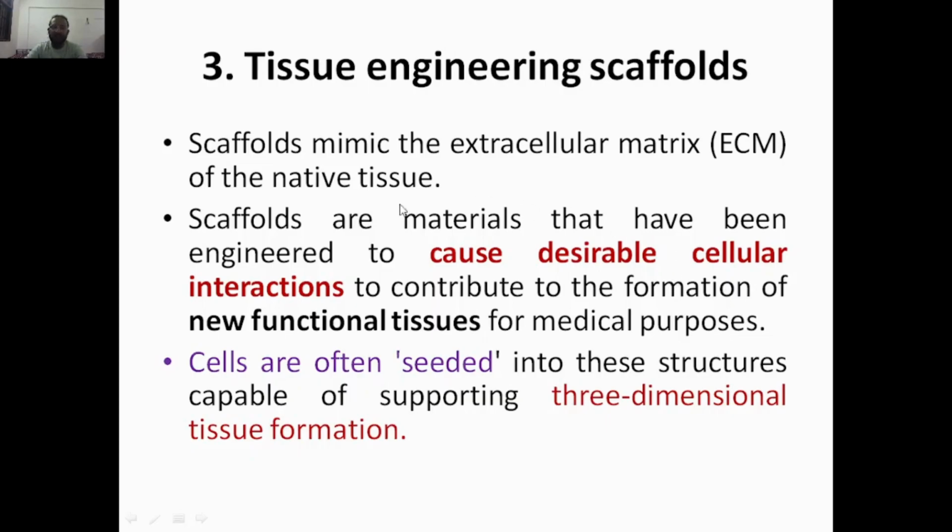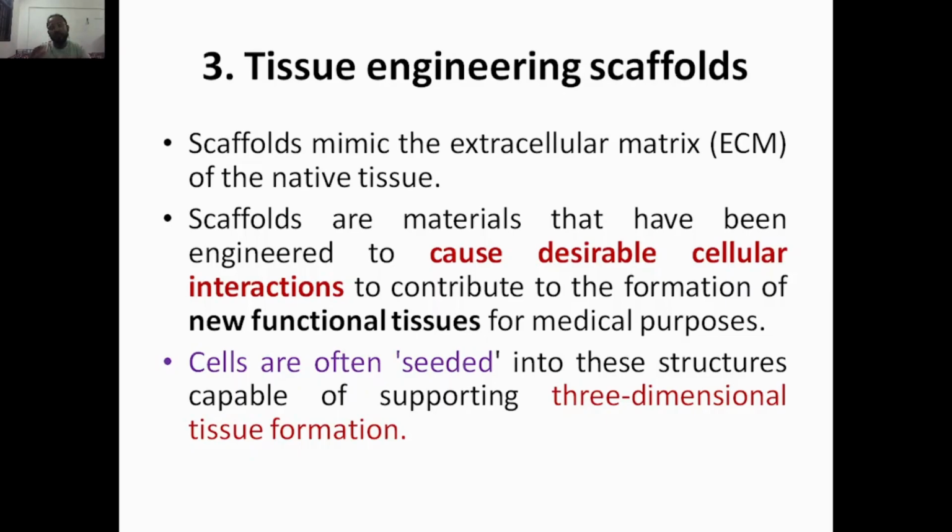Engineered in the sense they have been synthesized by using engineering principles and techniques. For what purpose? To cause desirable cellular interactions, so that the cells can come and attach to them, and then they can divide. These are called desirable cellular interactions.